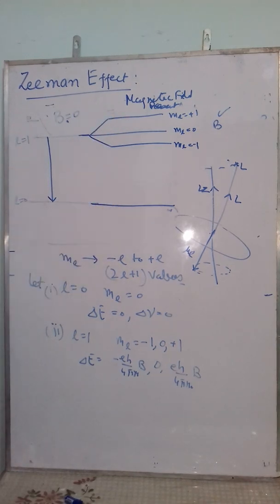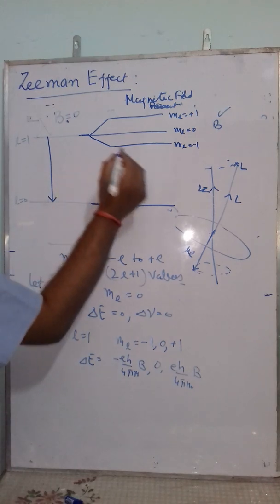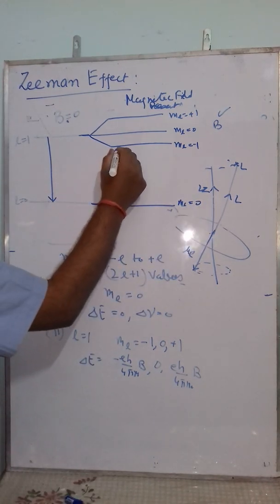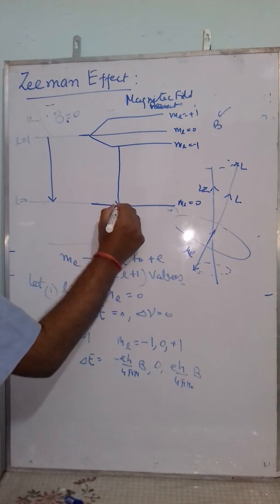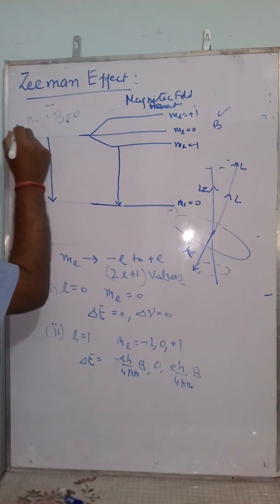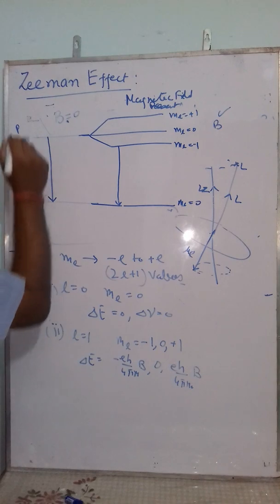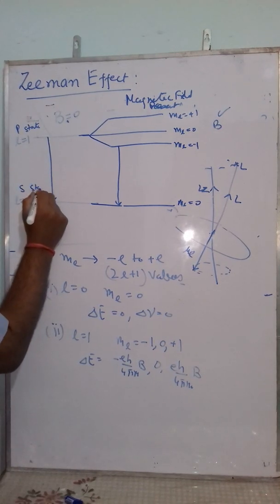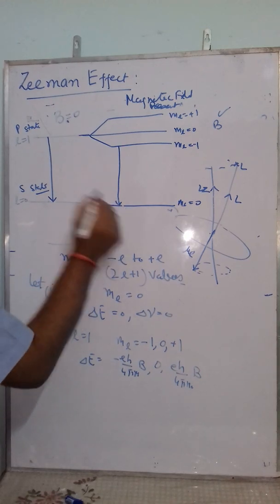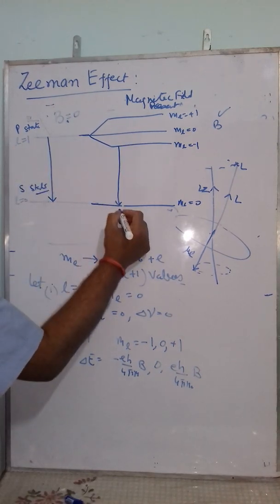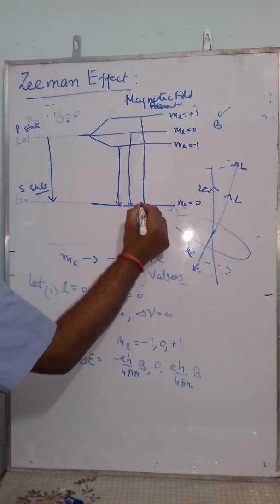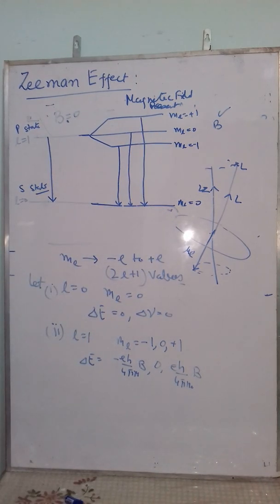Now here what will happen? We are getting transitions, here m_l is equal to 0, right? L equal to 1 means P state, and L equal to 0 means S state. So here we are getting one line from this, another line from this, and a third line from this, right?